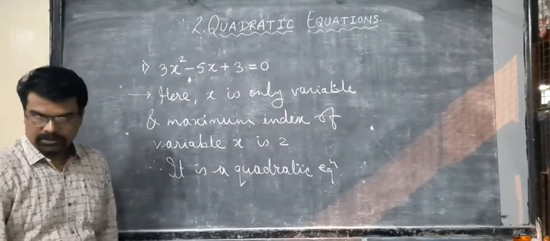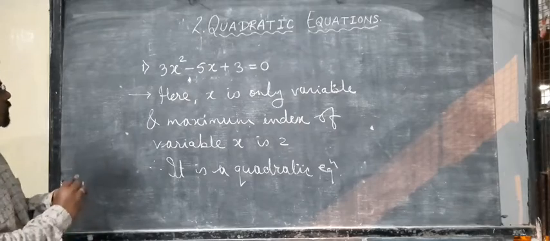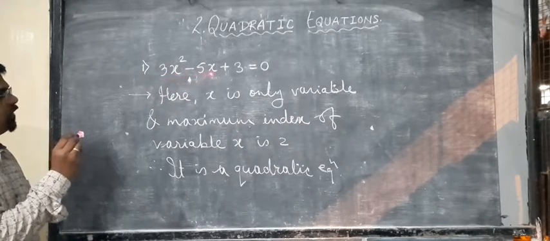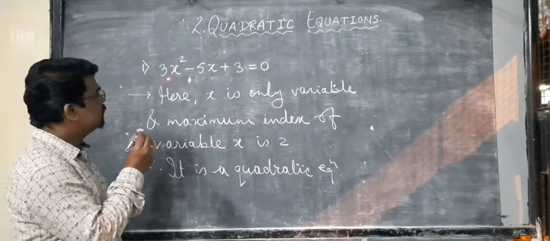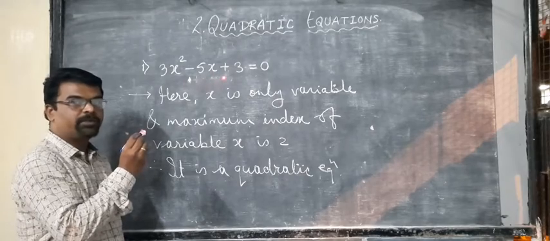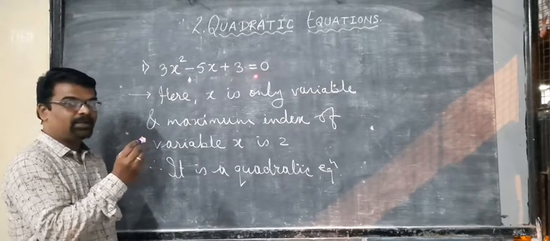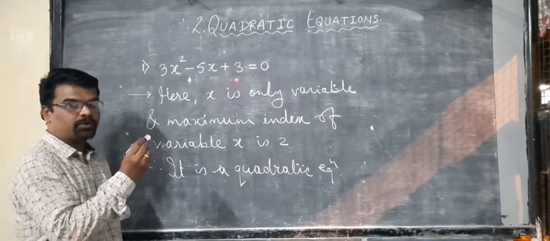Okay, how to write the solution? The given equation is 3x square minus 5x plus 3 is equal to 0. We have to decide whether this given equation is a quadratic equation or not.